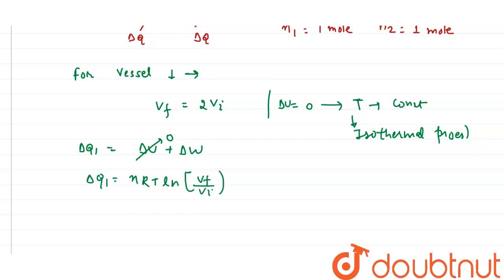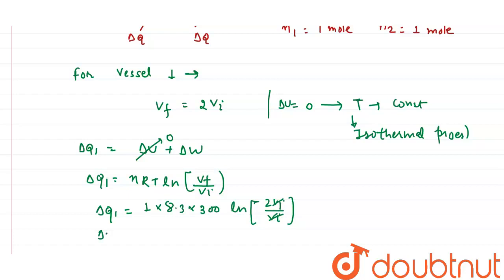Putting all the values, we get delta Q1 equals number of moles 1, value of R 8.3, temperature 300 Kelvin, log V final is 2Vi upon Vi, that is log 2, Vi cancels.